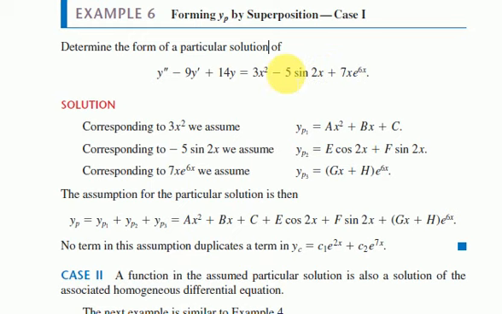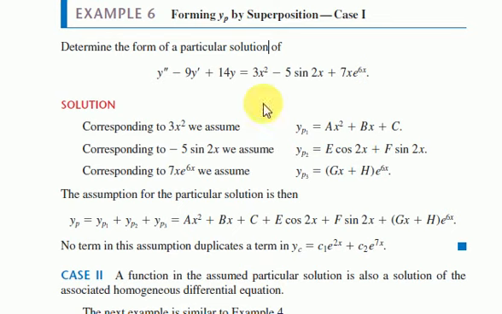We have three kinds of function here. So we will assume yp for this term separately, for this term separately, and for this term separately, and then we will add all these yp's. So yp1 is for this quadratic term, so this is ax square plus bx plus c. Now corresponding to the second term, 5 sine 2x.